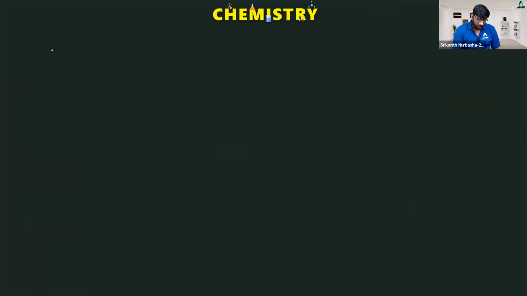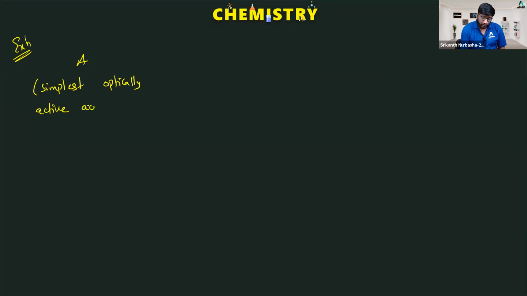Try to solve one more compound. One more example. A is the simplest optically active alkene.